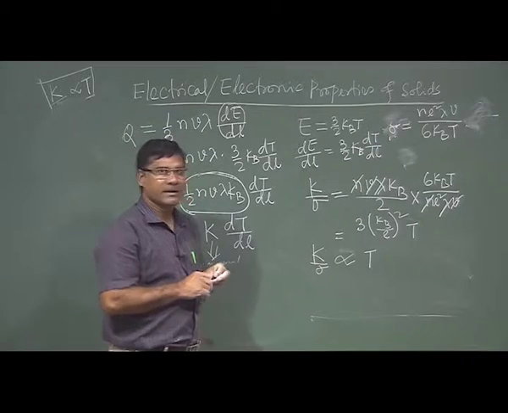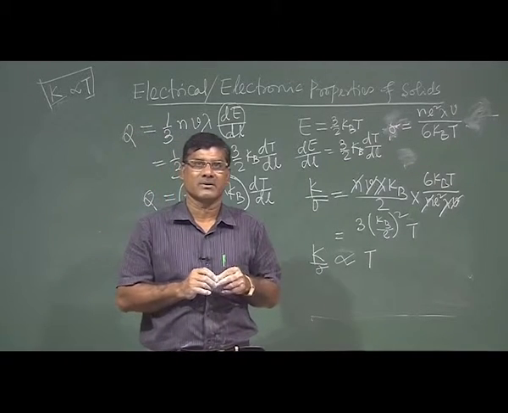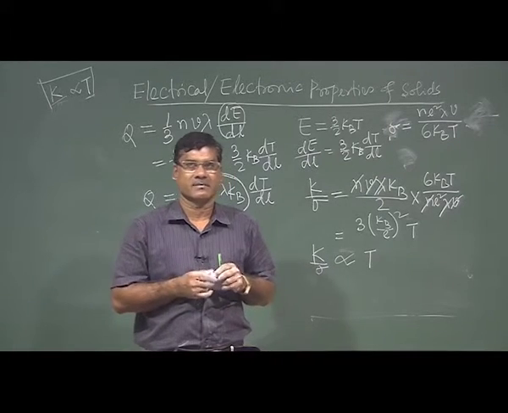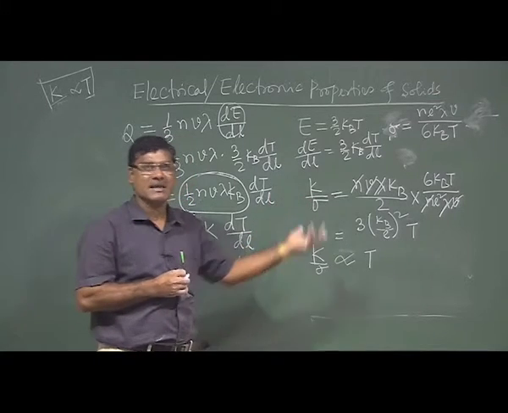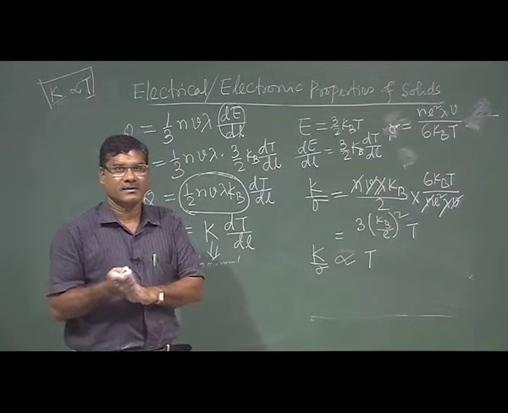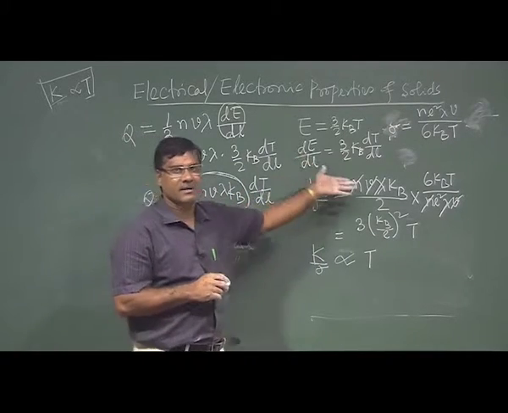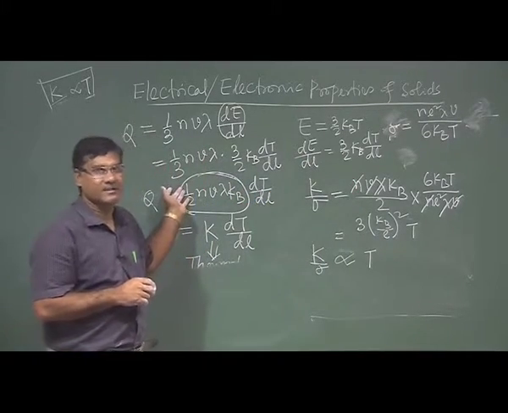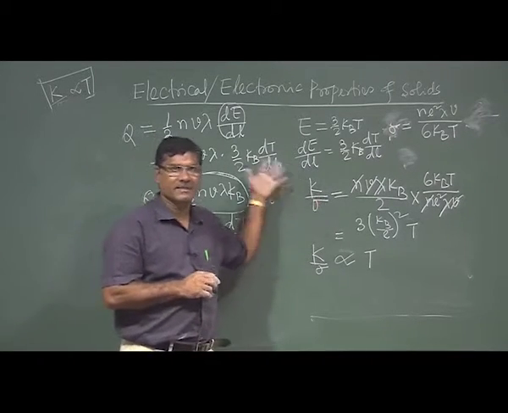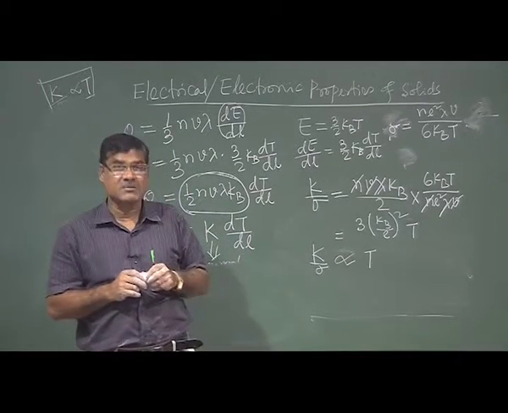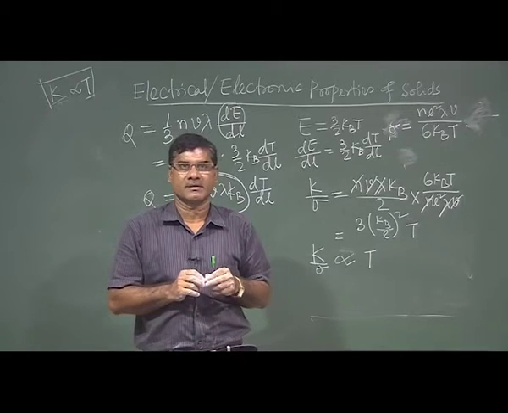So, this model is quite successful for some cases, but it has drawbacks. The reason is that there is a difference between the free electron gas and the atomic gas, because these are charged particles and those are neutral particles for gas. The distribution we have used is Maxwell-Boltzmann statistics.